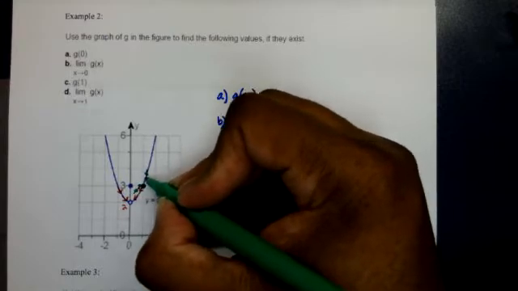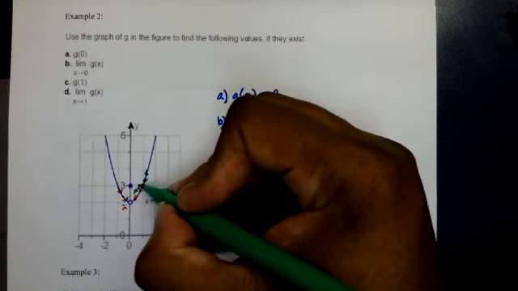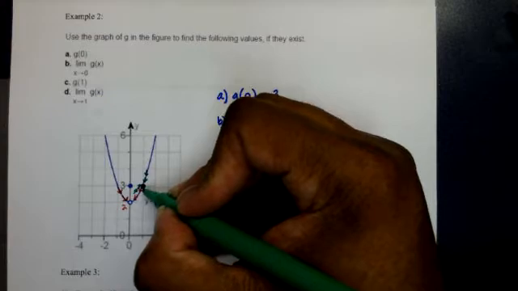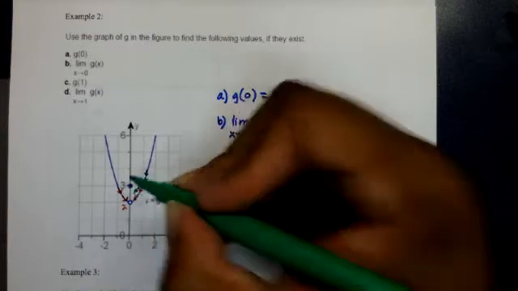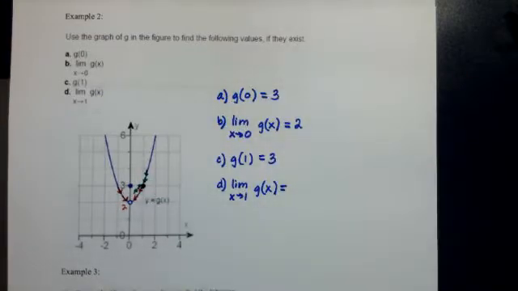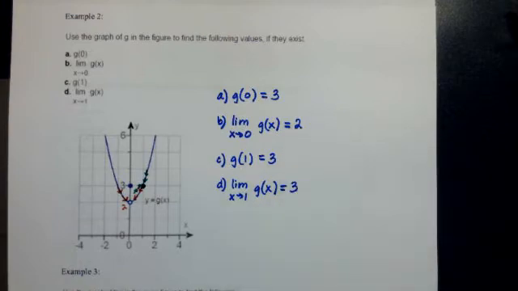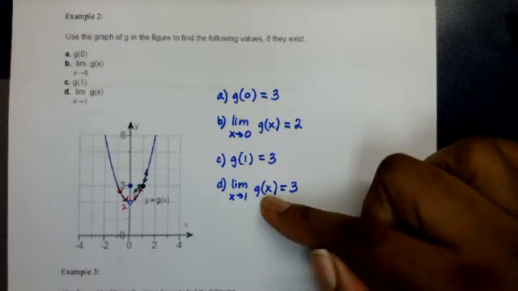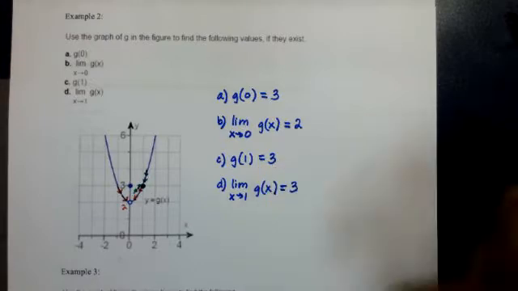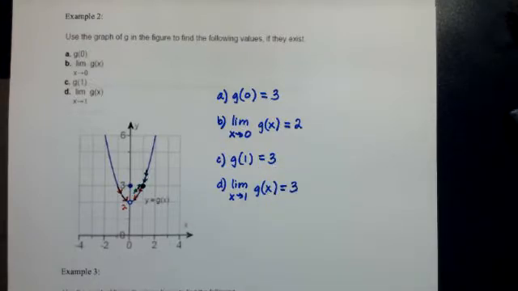And coming from the right of 1, the value of g of x gets closer and closer to 3. So the limit as x approaches 1 of g of x is also going to be 3. And notice there that the limit as x approaches 1 of g of x has the same value as g of 1.